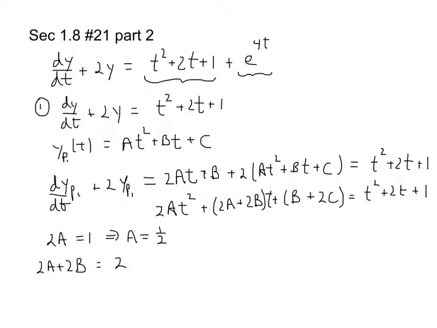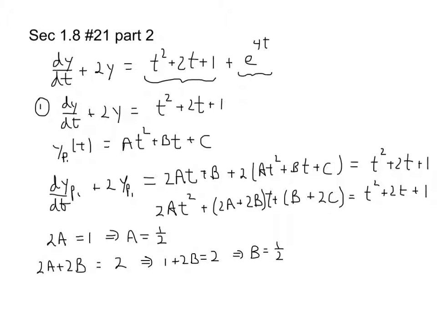The 2a plus 2b t has to be the same as the coefficient of this t term, 2. Let's go ahead and solve that. If a is a half, then 2a is 1. 1 plus 2b has to be a 2. And that says that b must also be a half.